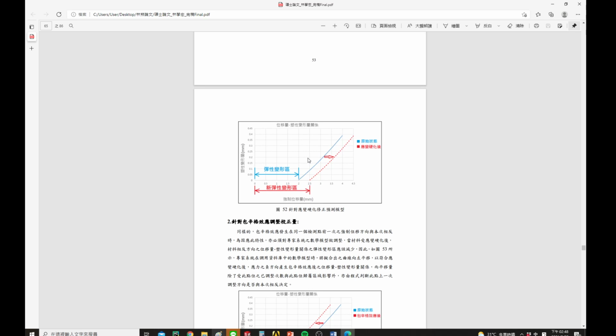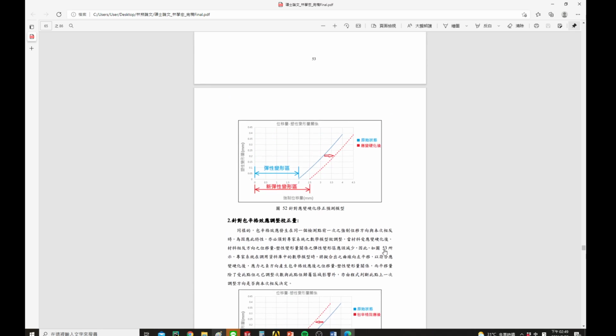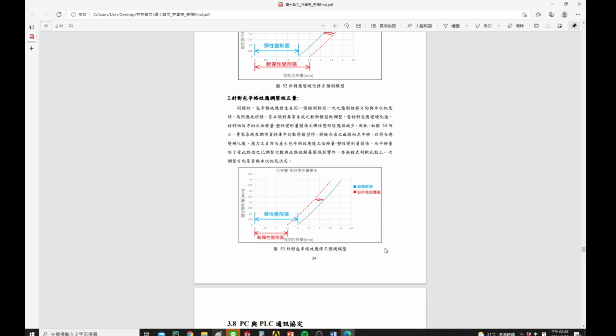But when the Bolsinger's effect occurs, the elastic region will become smaller, so the curve must be shifted like this. So we need to adjust our original displacement value to fit the situation when the string hardening and the Bolsinger's effect occur.